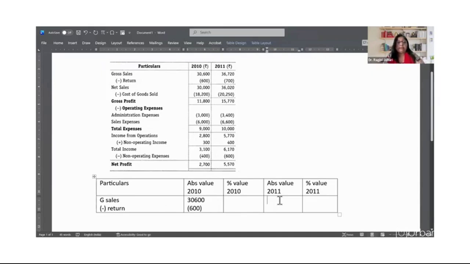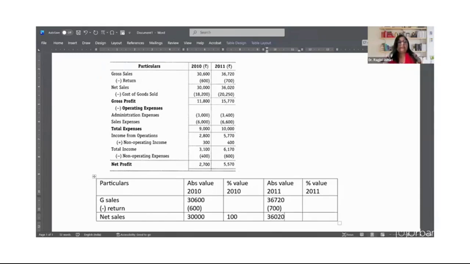In this case, 36,720 minus returns of 700. Thus we get net sales. Net sales in 2010 is 30,000, and we take this as 100% value. Then in this case, net sales is 36,020.